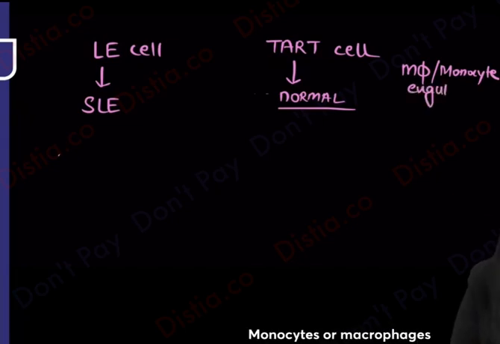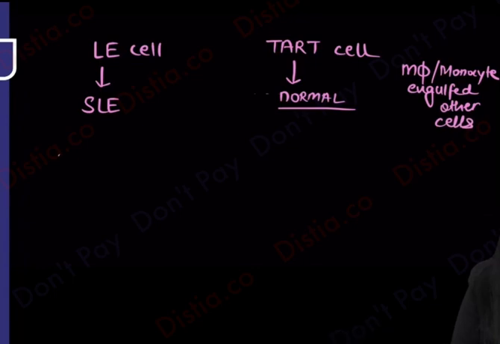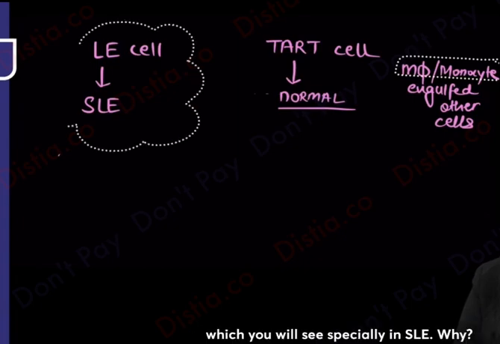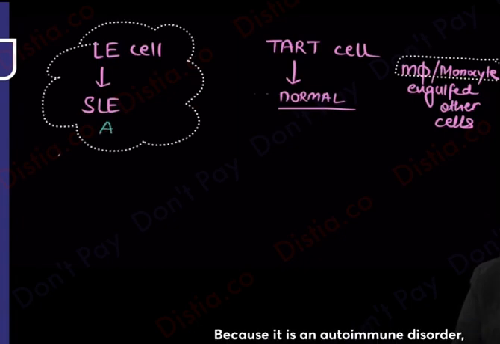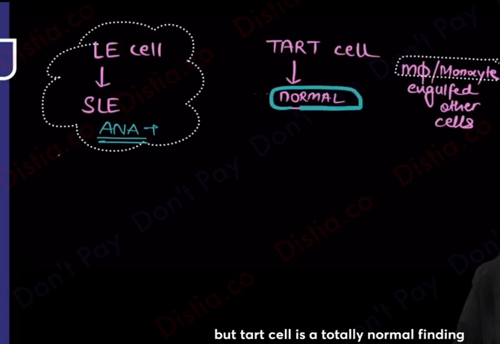Monocytes or macrophages have engulfed other cells of the body, and that is a very, very normal finding to have, because monocytes and macrophages are always hungry. So they can easily do that. So you never have to consider them as LE cell. LE cell is something which you will see especially in SLE. Why? Because it is an autoimmune disorder. It is an anti-nuclear antibody containing disorder. So they look very similar, but TART cell is a totally normal finding and we don't give it any importance.